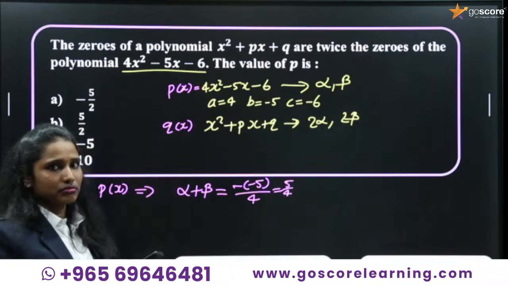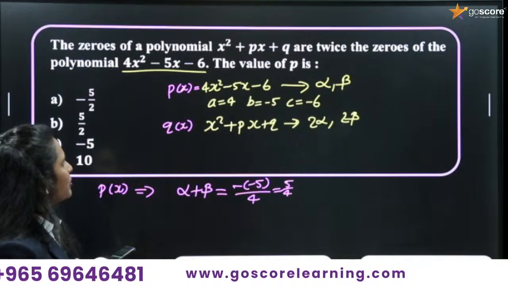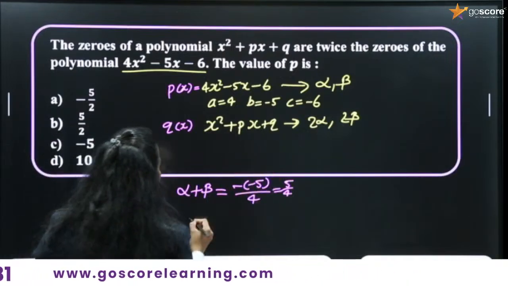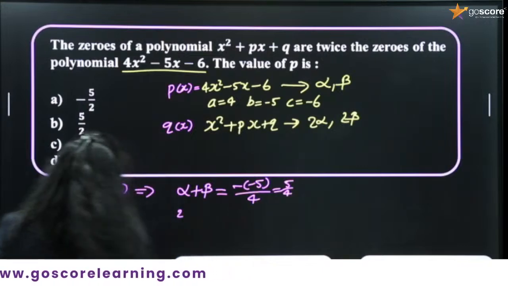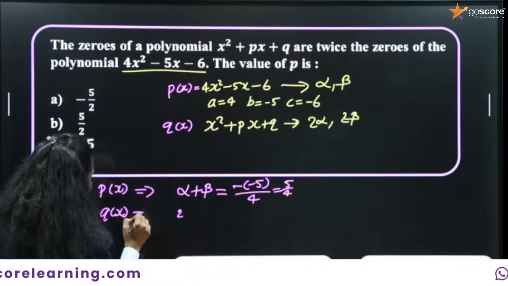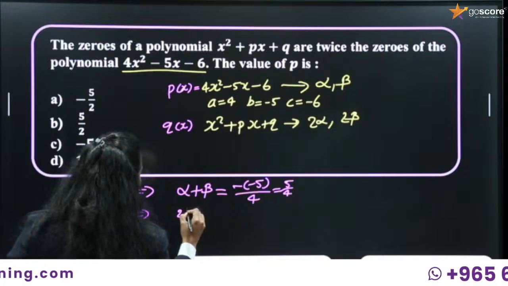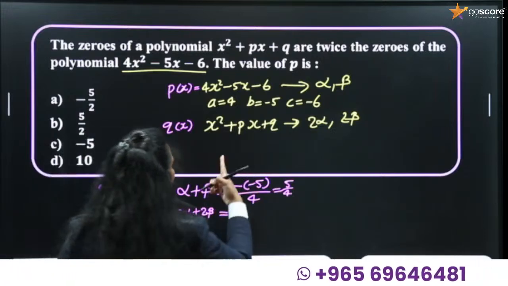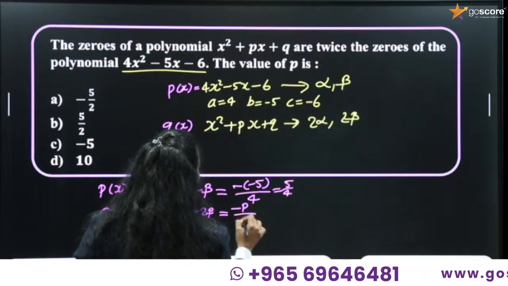Got it? 5 by 4. Now, for q of x, the sum of zeros, that means 2 alpha plus 2 beta is equal to minus p by this one.